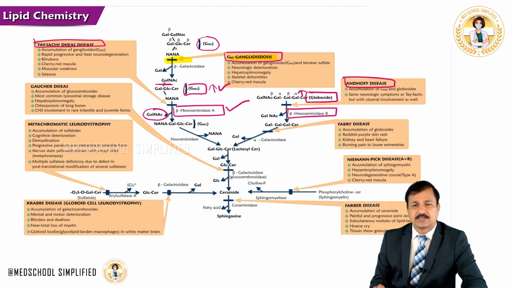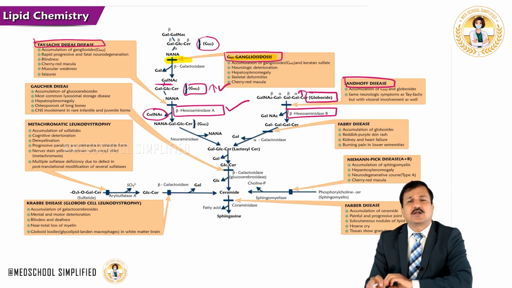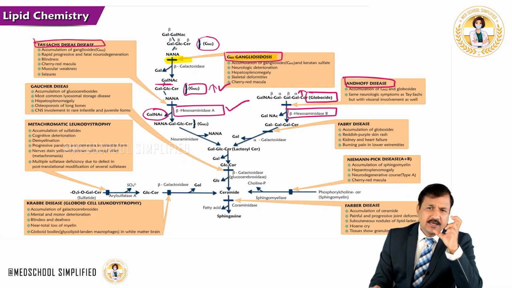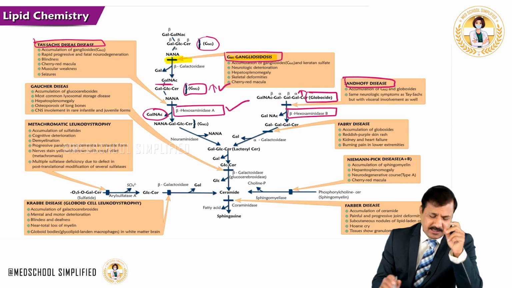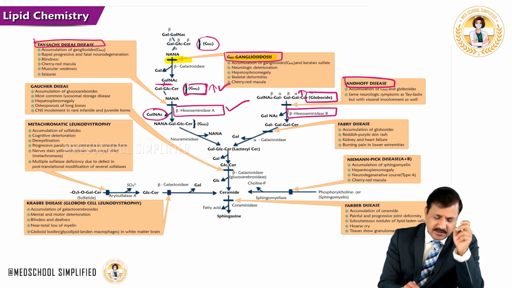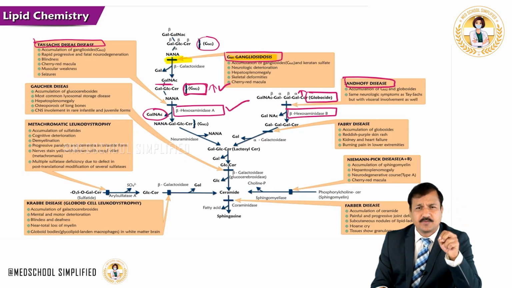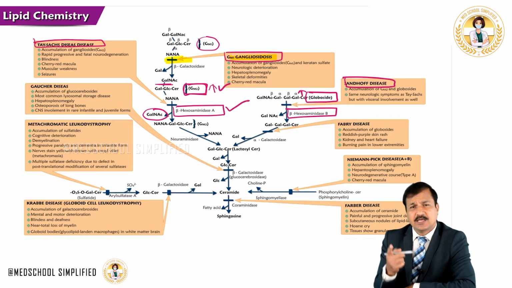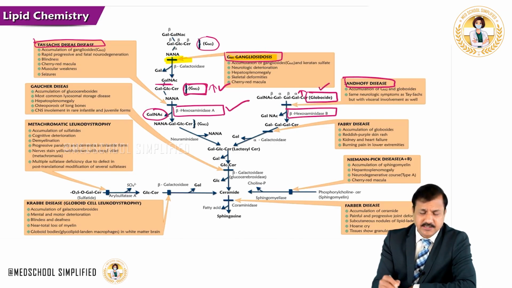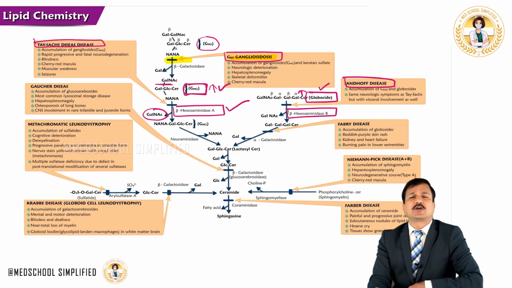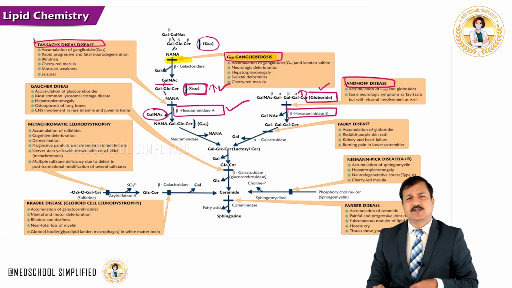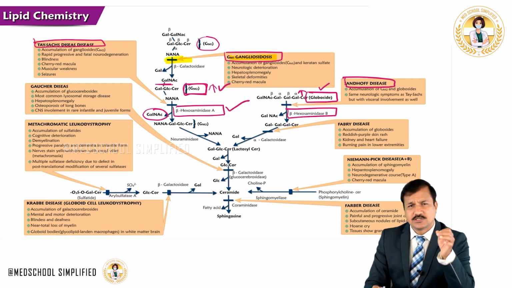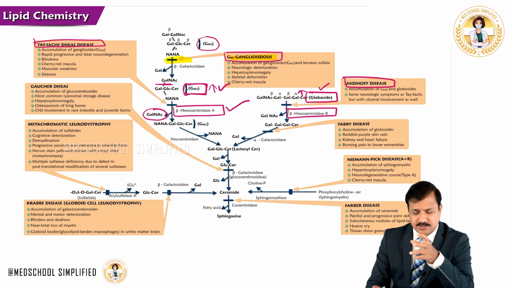In this disease, two enzymes are defective: one is beta-hexosaminidase A, which, as you see here, degrades GM2 ganglioside, and the other is beta-hexosaminidase B enzyme that is taking care of degradation of globoside. Both of them are deficient. That's why in this disease you are going to see elevation of both GM2 ganglioside and globoside.